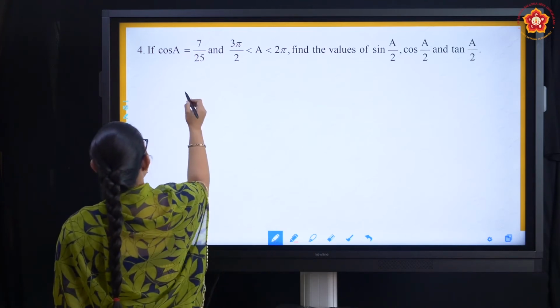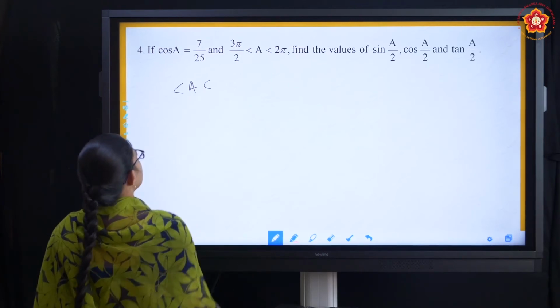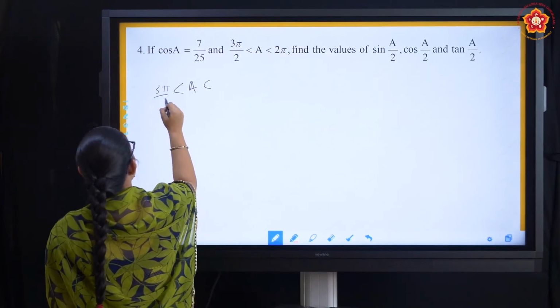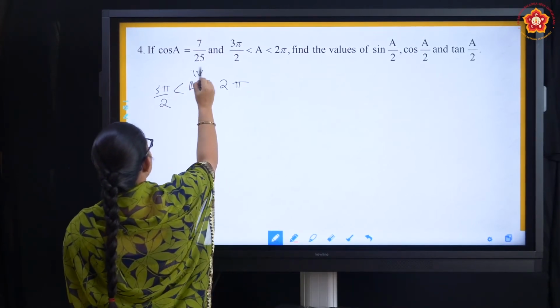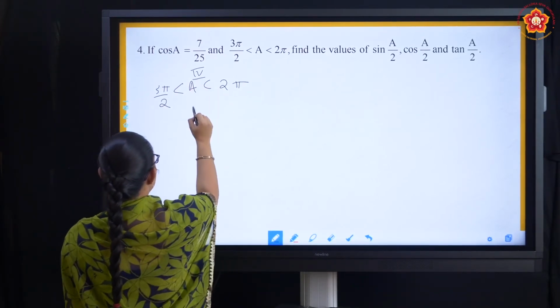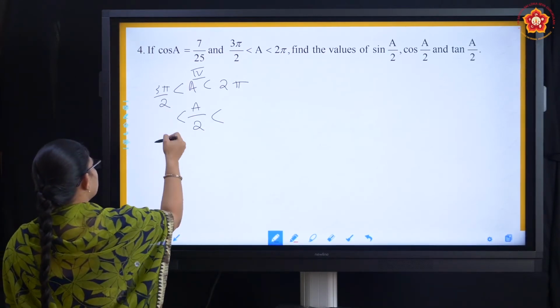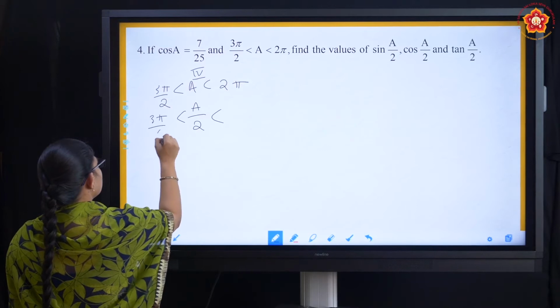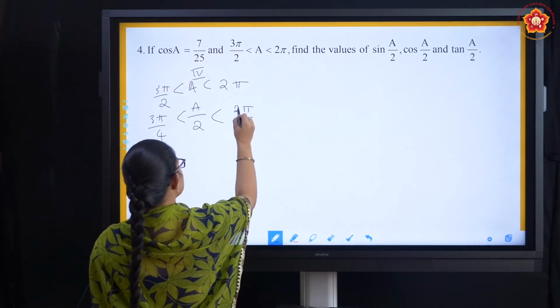So since we have our A lying between 3 pi by 2 and 2 pi, that is, it is in the fourth quadrant, where does A by 2 lie? A by 2 is nothing but 3 pi by 2 by 2, that is 3 pi by 4, and here 2 pi by 2, that is pi.